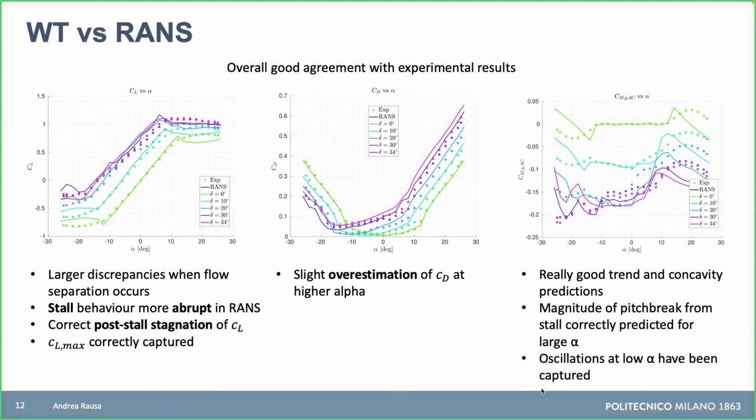Again, the main discrepancies are towards the post-stall regions, but we are able also to capture some kind of nonlinearities in the post-stall region for negative angles of attack that are also visible in the experimental results. So we can see this trend here, and then up again and then down again, both in numerical and experimental results.